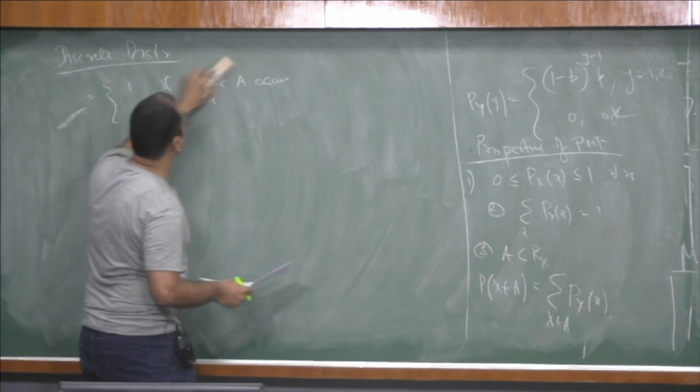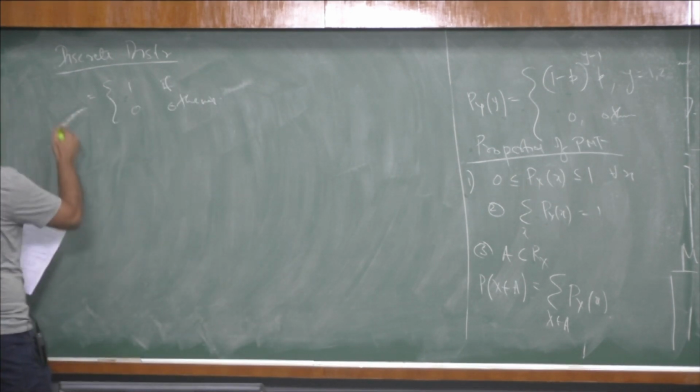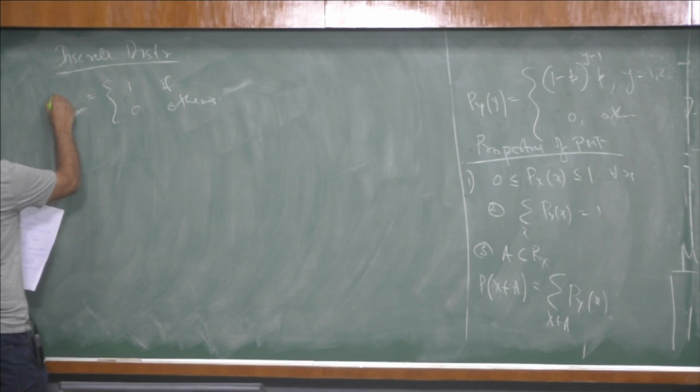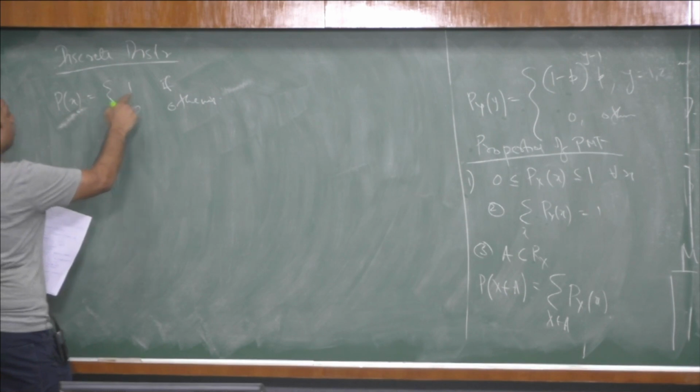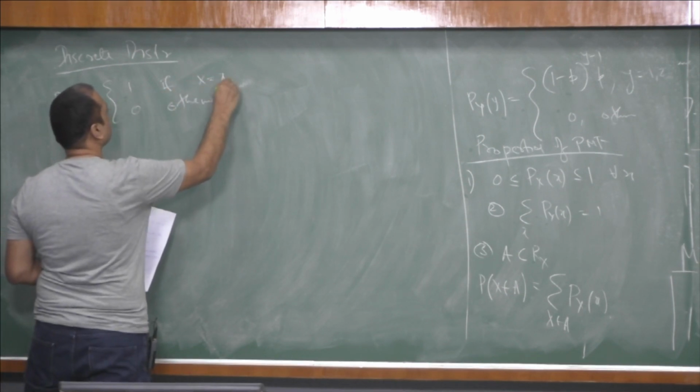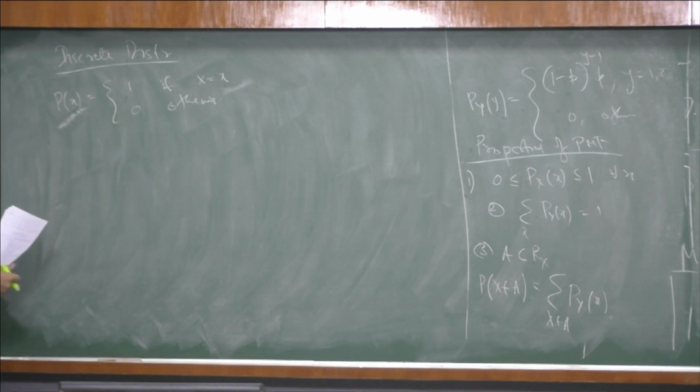Let me give a very precise definition. We come to something else later on, but take x as a random variable that is 1 if x equals some value x and it's 0 otherwise. So we can think of a very simple random variable like this. But does it make sense?